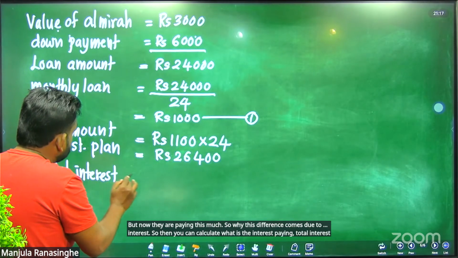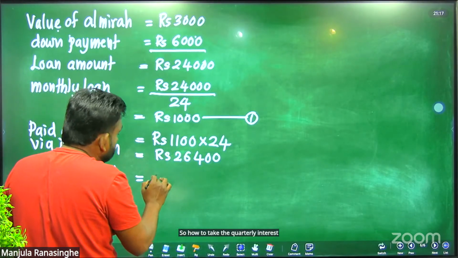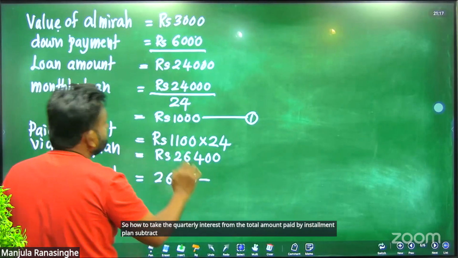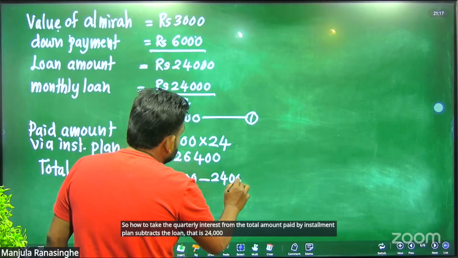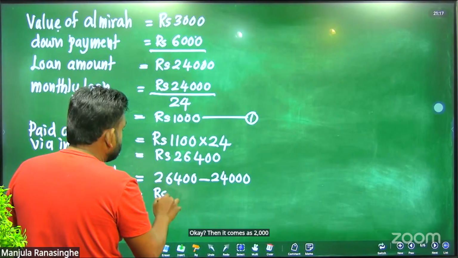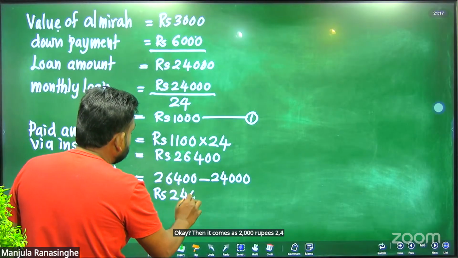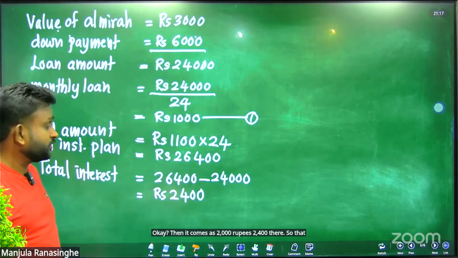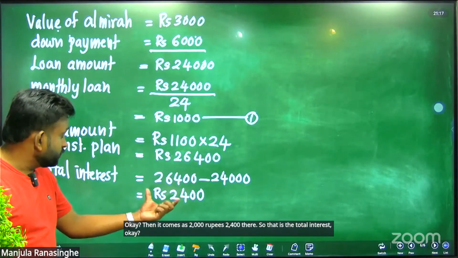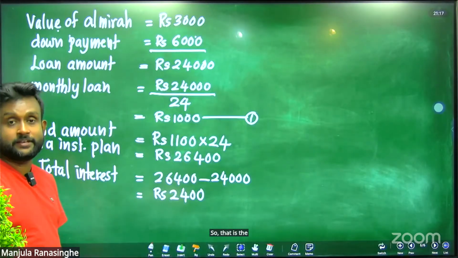So how to take the total interest? From the total amount paid via the installment plan, subtract the loan, 24,000. Then it comes as 2,400 rupees. That is the total interest.